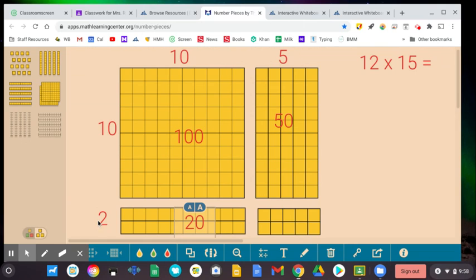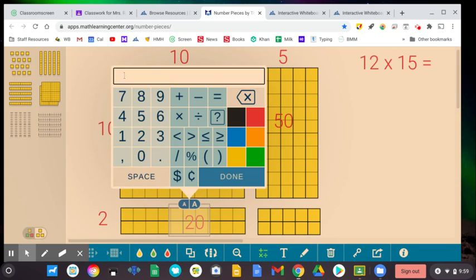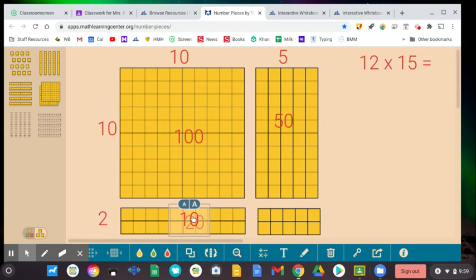Just like a multiplication chart, we follow it over. So we have 2 rows, which we can see. And then it shows us that we have 5 columns. So 2 rows of 5. 2 times 5, which equals, and you should have that number said before I even get it typed. Here we go.